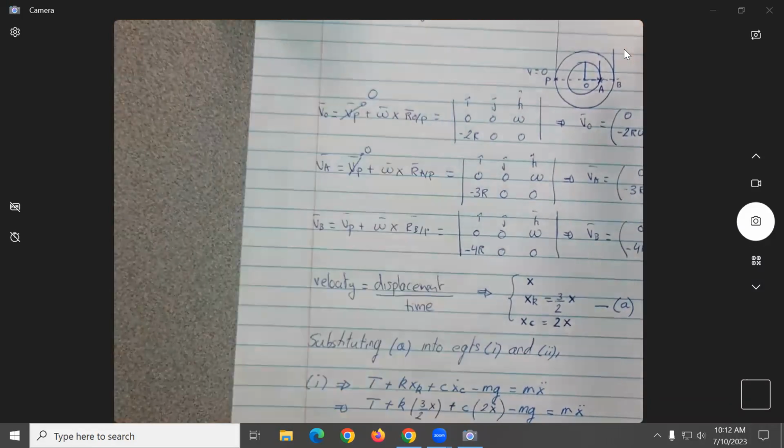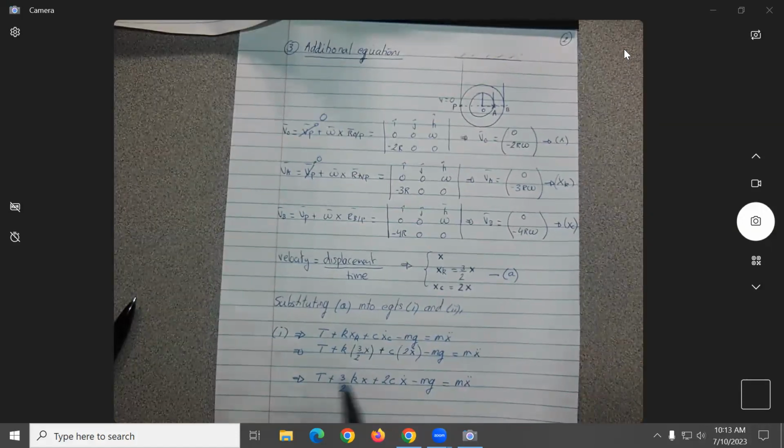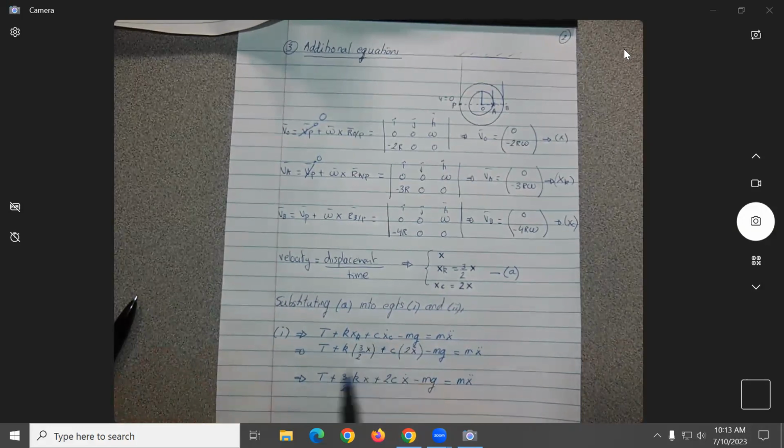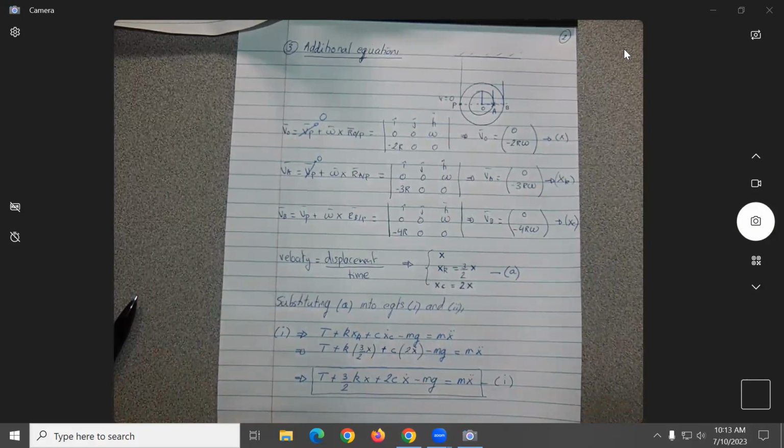Sorry for that. Can I zoom out a little bit? Oh yeah, good. So this will be the new form of equation 1, no? So this is still equation 1, no? Roman 1.